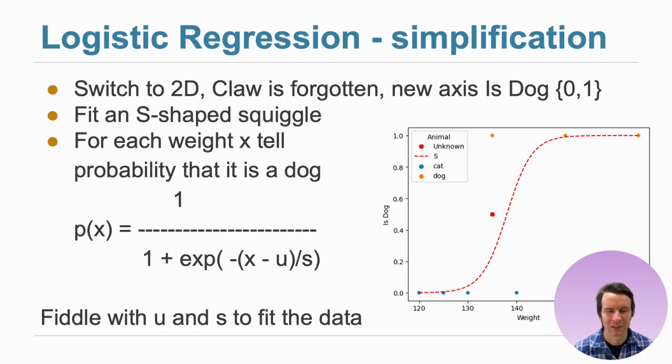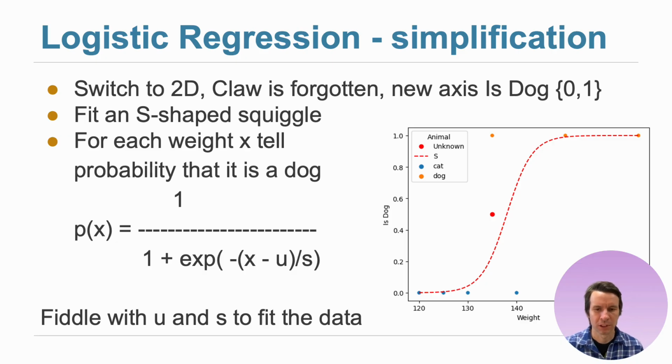And so here's a little formula. For each weight x, to tell the probability it's a dog, P of x, the probability that weight x is a dog, is 1 over, and in the denominator there is 1 plus e to the minus (x minus u) over s. Here x is the variable, the weight, and u and s are parameters that you can move around, and as you move them around, the S-shaped curve changes.